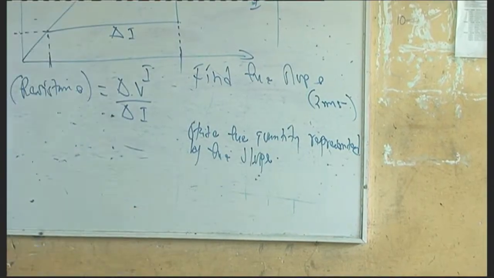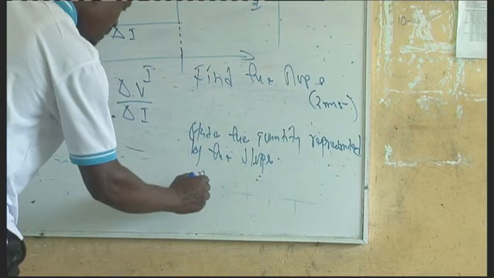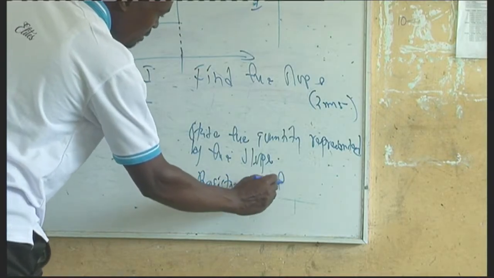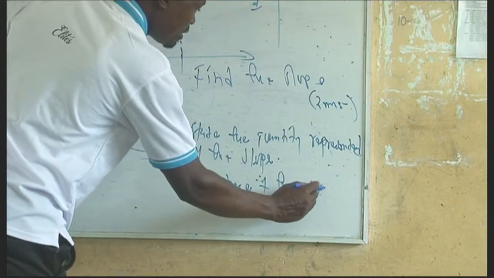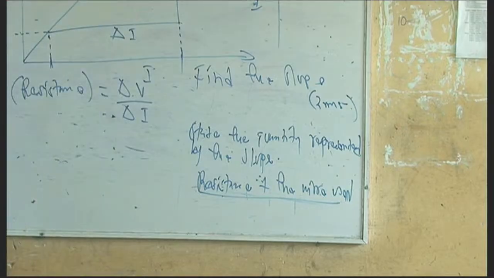In this particular case, the slope represents the resistance. So we will say the slope represents the resistance of the wire used. This is what we write at that point.